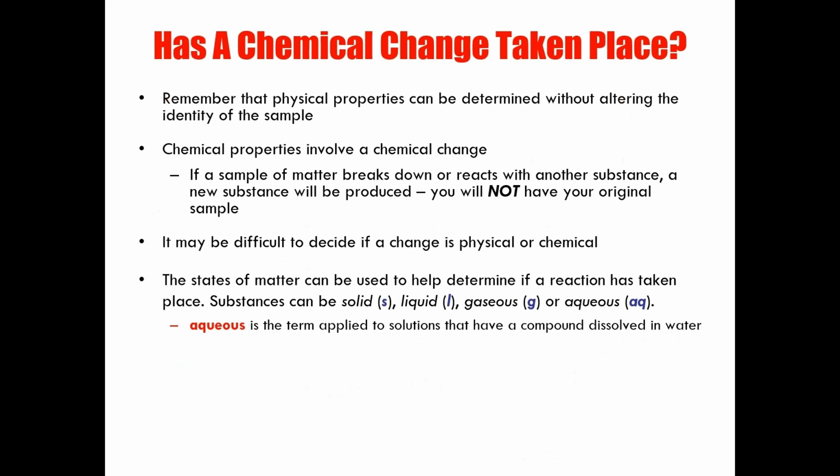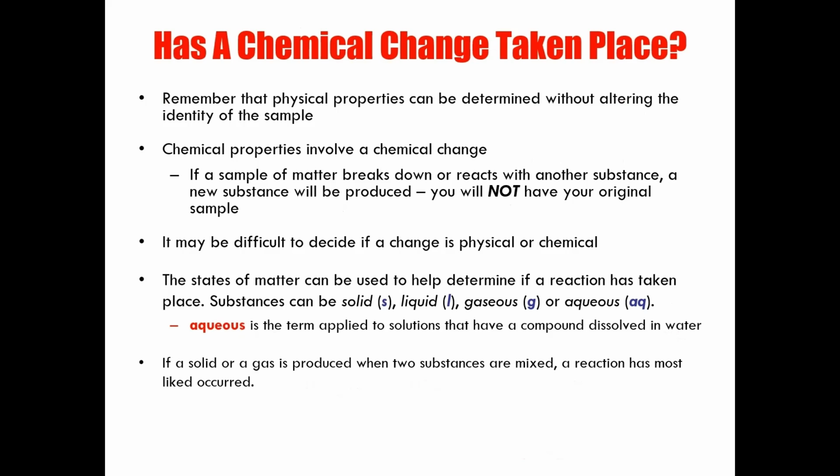Now remember, substances can be solid, identified with S, liquid, identified by L, gaseous, identified by G, or aqueous, identified as AQ. Aqueous, again, is the term applied to solutions that have a compound dissolved in water.